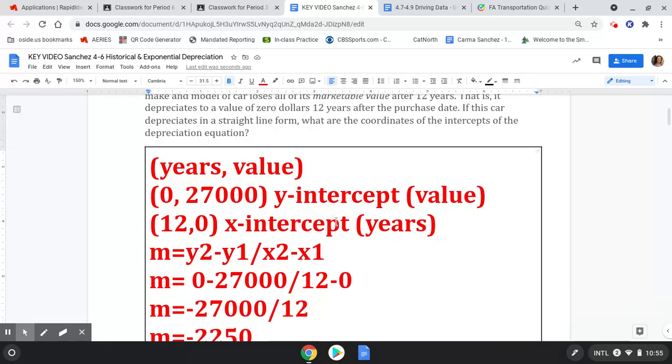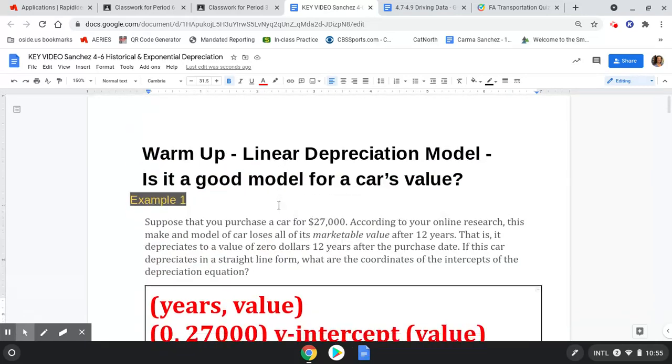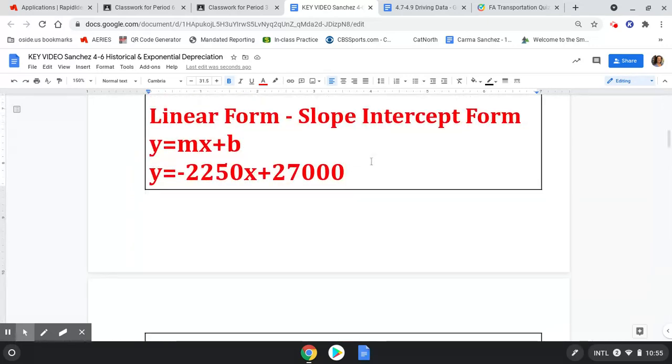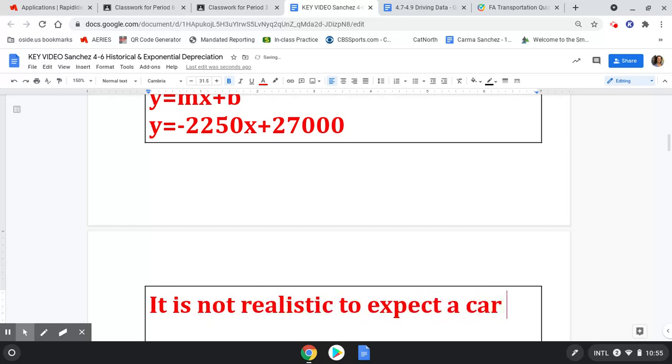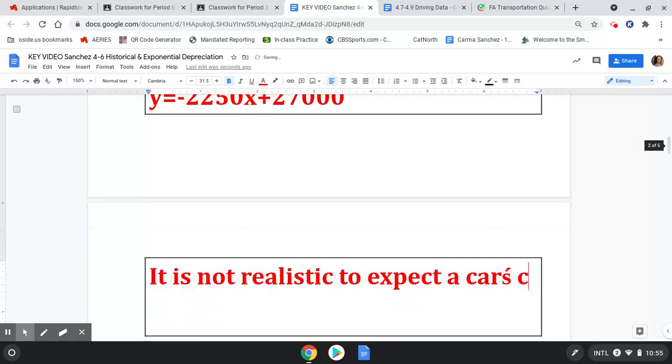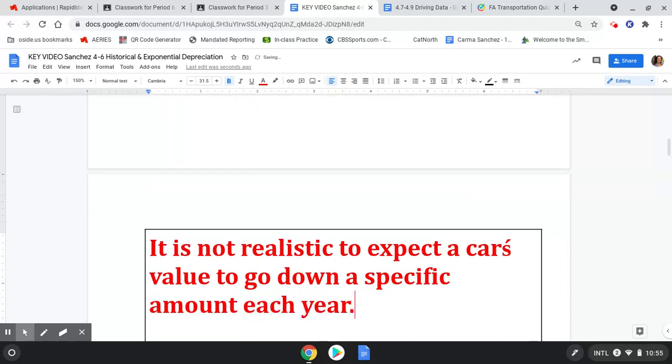But the original question over here of the warm-up is, is linear depreciation a good model for a car's value? And what we're about to see in this lesson is it is not realistic to expect a car's value to go down a specific amount each year.